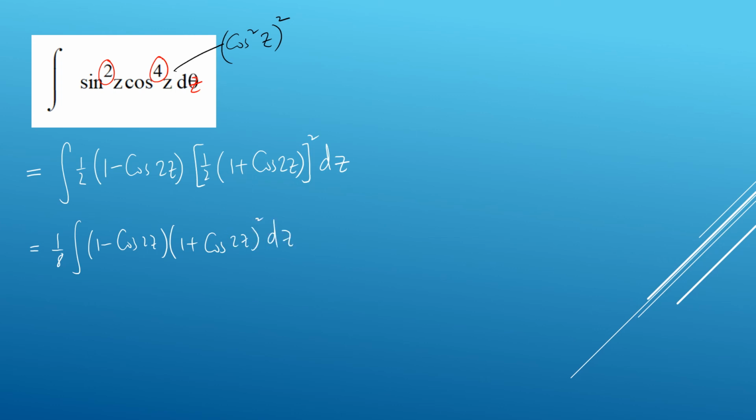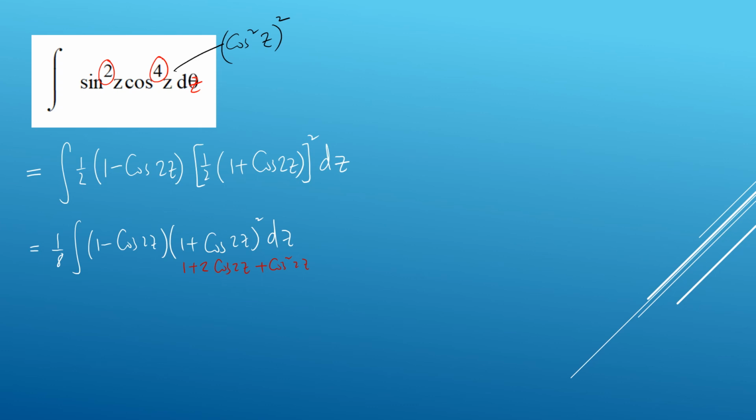So we will expand 1 plus cosine 2z quantity squared into 1 plus 2 cosine 2z plus cosine squared 2z, and multiply this to 1 minus cosine 2z.